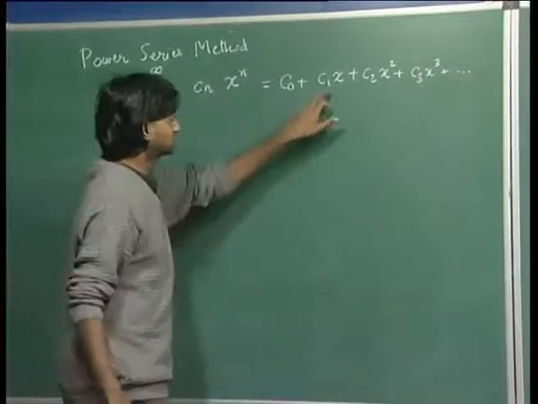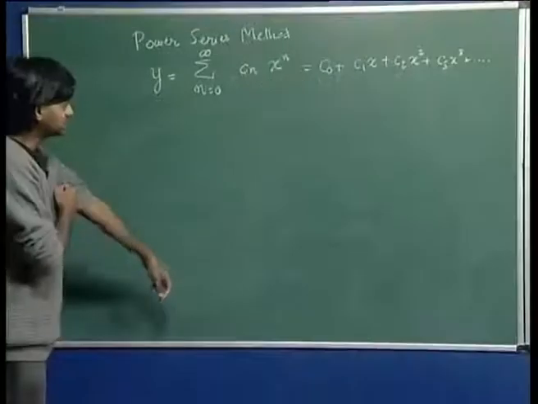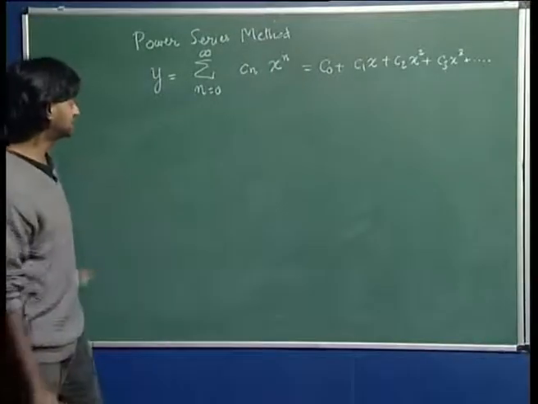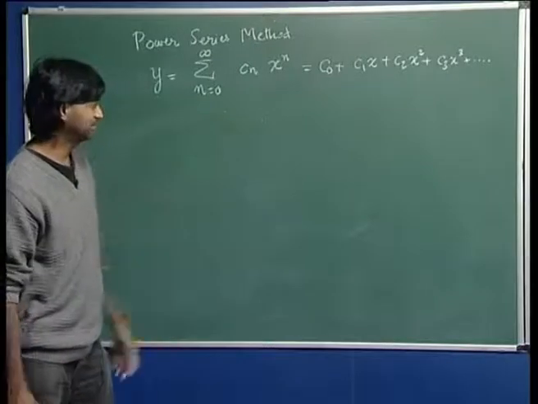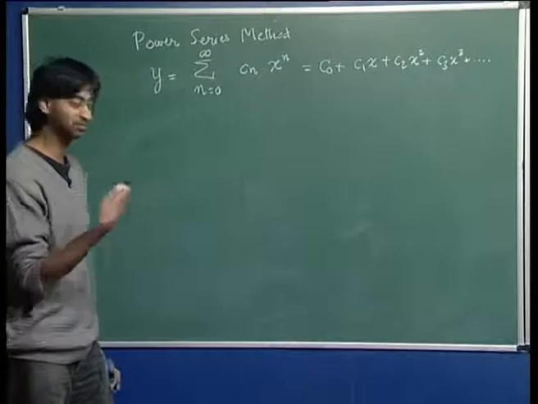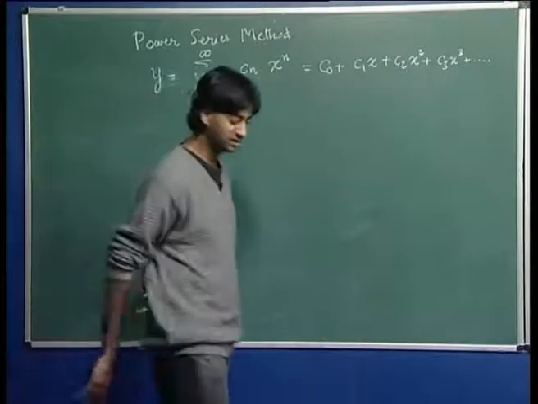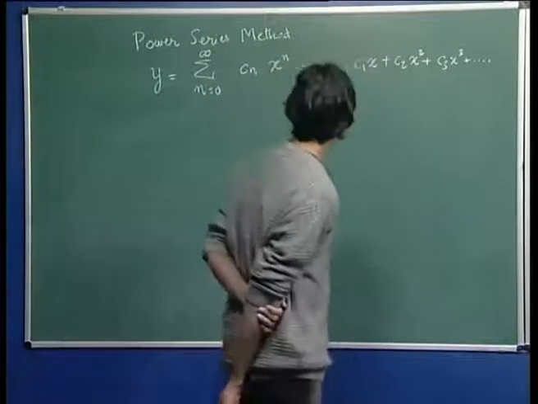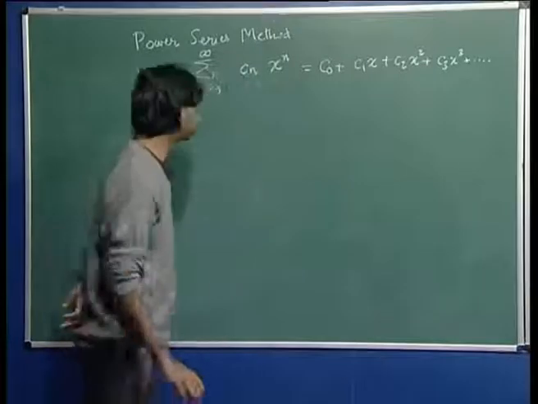So, these are various constants. Okay. C 1, C 2, C 3 etcetera are various constants. So, you essentially assume that you have a power series in x. Okay. Now, this might be an infinite power series, it might be a finite power series. If it is a finite power series, you call it a polynomial. Okay. If it is an infinite power series, you just call it an infinite series. Okay. But you just try this power series form.